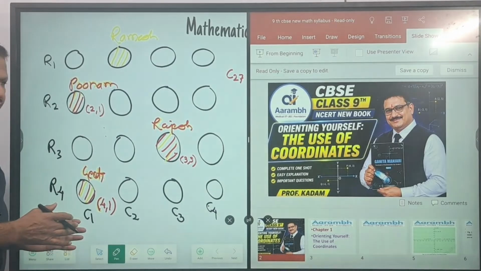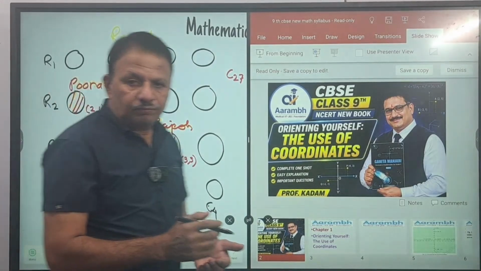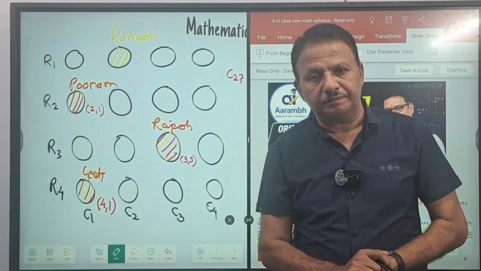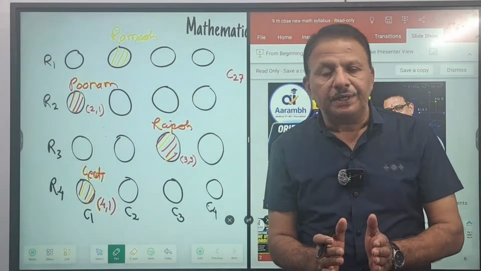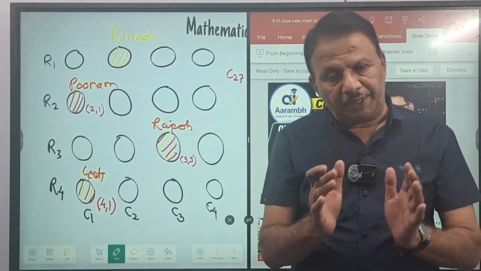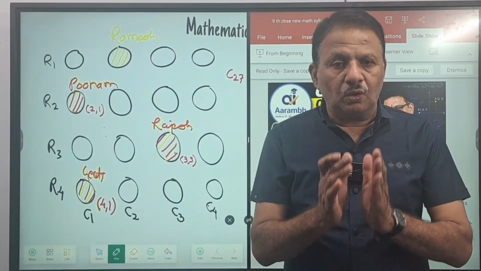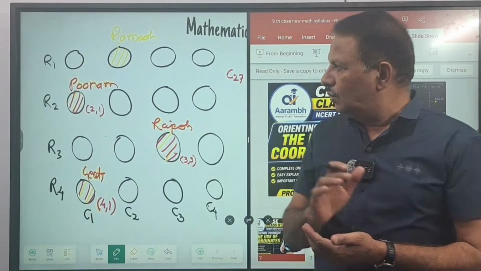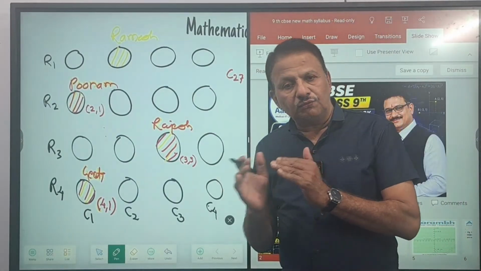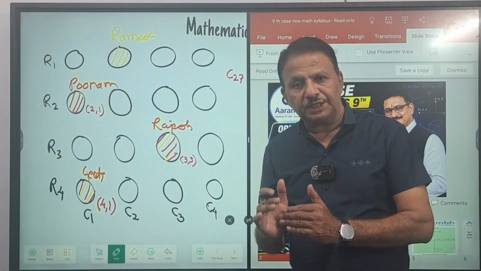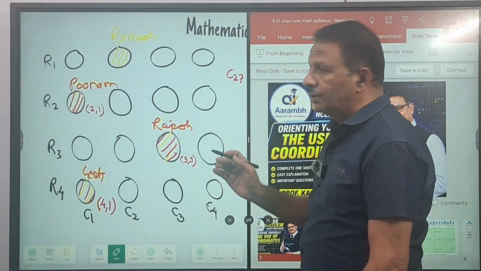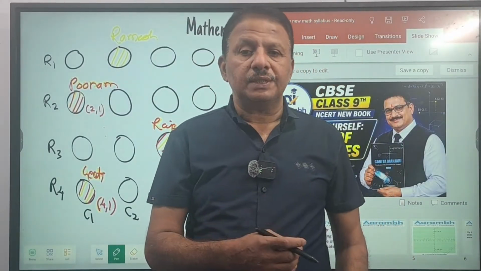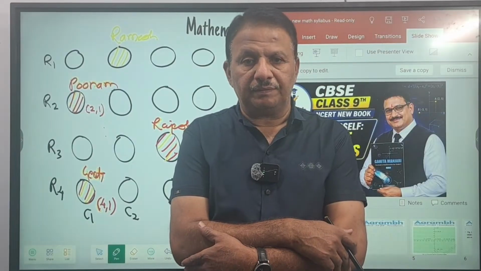This is the system of how to locate the position of an object in the Cartesian plane. What is a Cartesian plane? A Cartesian plane is the plane where we can locate the position of an object. Whenever you want to find the position of an object in a plane, the geometry we use is called two-dimensional geometry.